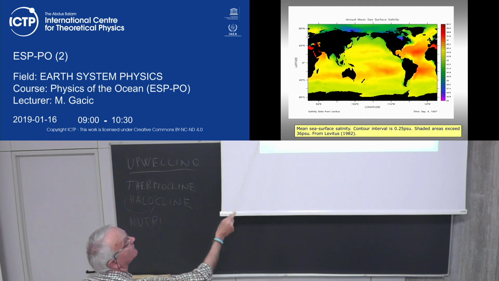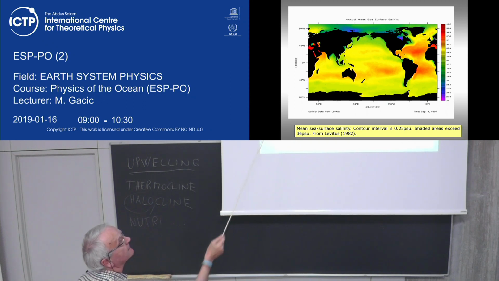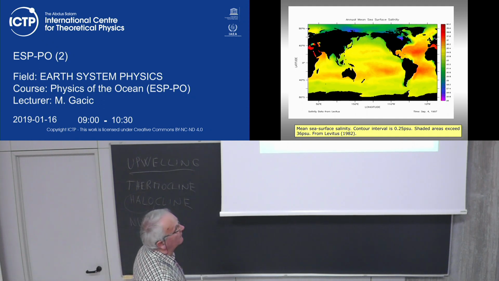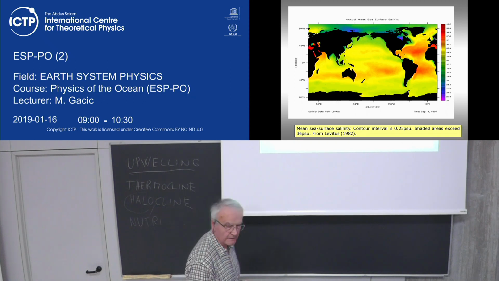This is definitely wrong here, because the Black Sea has relatively low salinity water, but I think it's not very good for these small areas. And that's it. Do you have any questions?